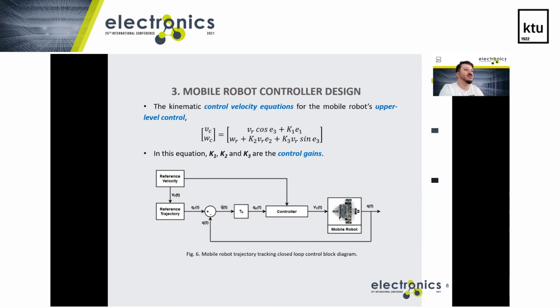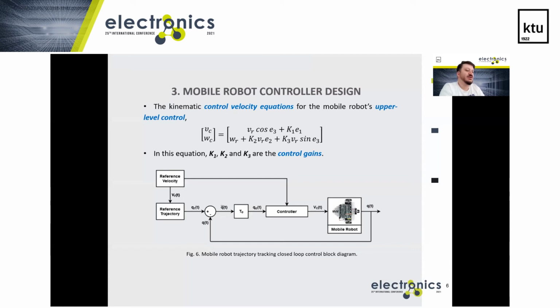In figure 6, we can see a usual closed loop control block diagram. Our system is a mobile robot, and the output of the mobile robot is posture. So at the beginning of the control loop, we are trying to eliminate the posture error, the difference between the reference posture and the actual posture. We multiply this difference matrix with a transformation matrix.